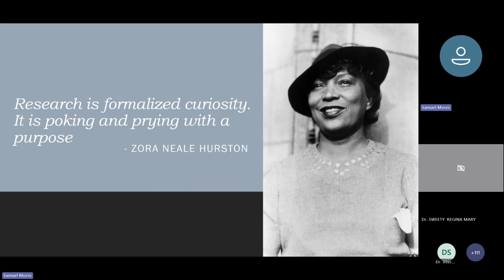Because formalization is important, because a systematic approach is mandated, research provides validated outcomes. They can be cross-checked, verified, replicated, recreated, and tested.